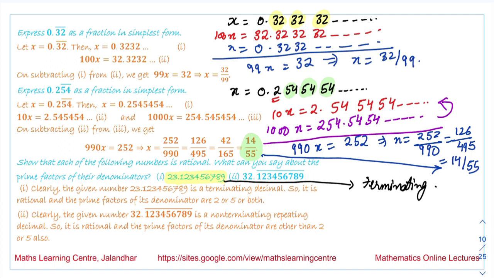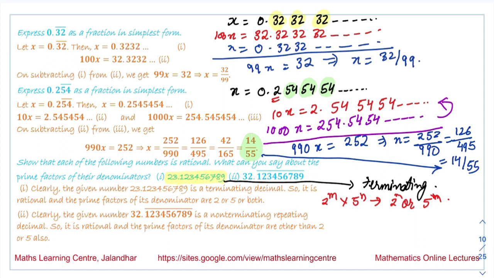If it has a terminating decimal representation, it means its denominator will be of the form 2 raised to the power m into 5 raised to the power n. What this means is that its denominator will have the prime factors 2 or 5.